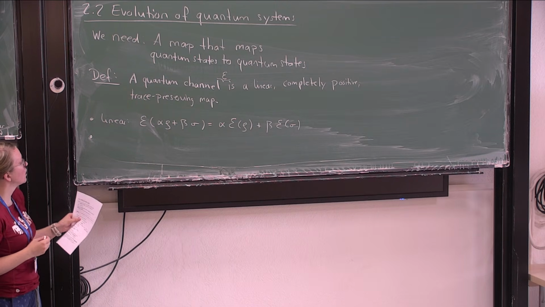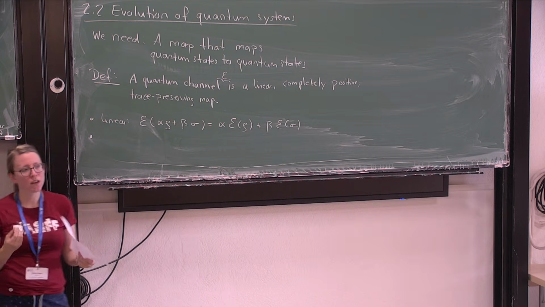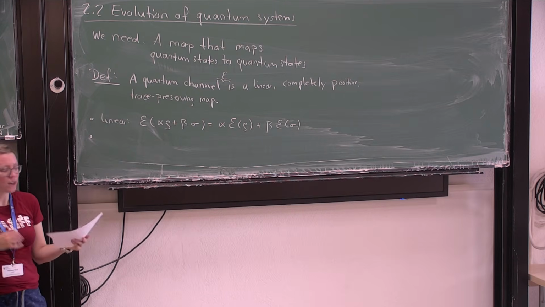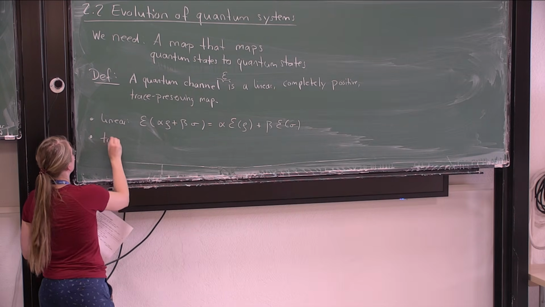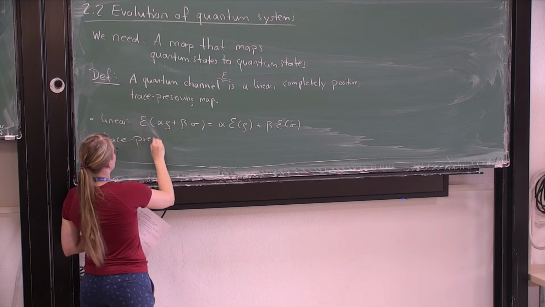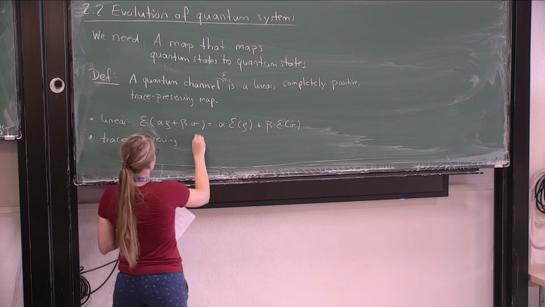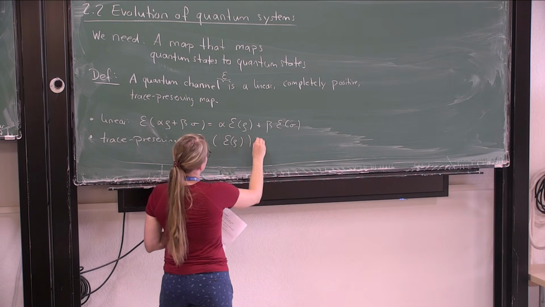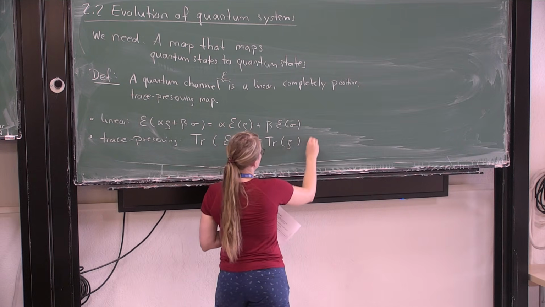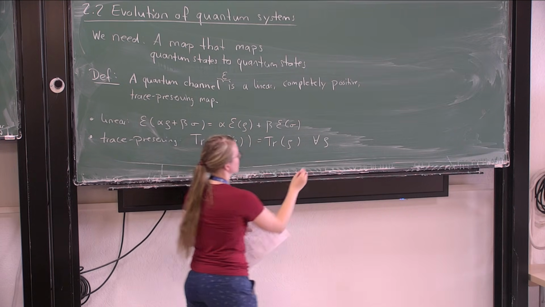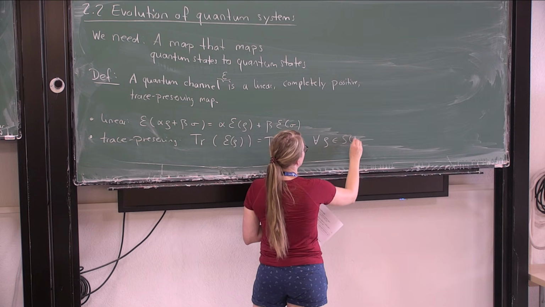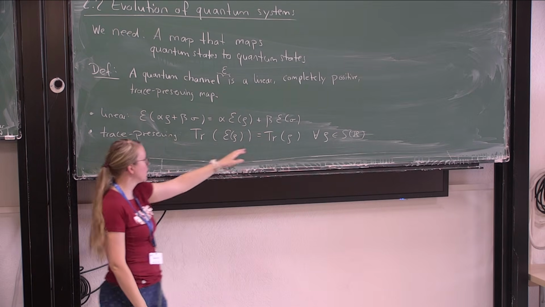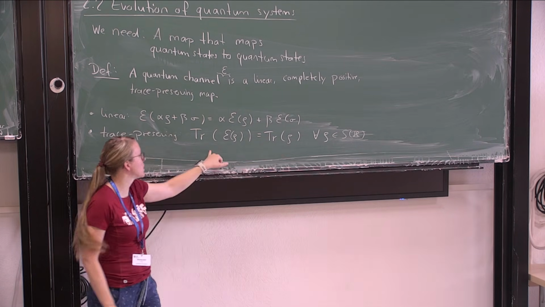Then we have the property, let me continue, it's trace preserving. So it means the output state of this map has the same trace as the input state. The trace of the map applied to the quantum state is the same as the trace of the quantum state for all quantum states in the set of density matrices. This in particular ensures that if my input state has trace 1, then the output state also has trace 1.